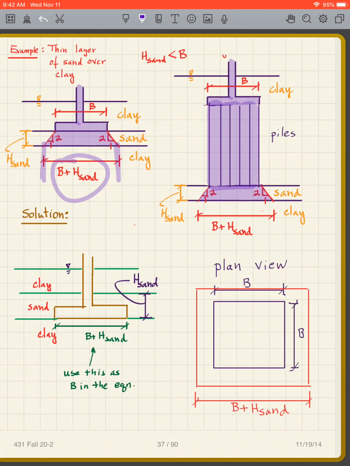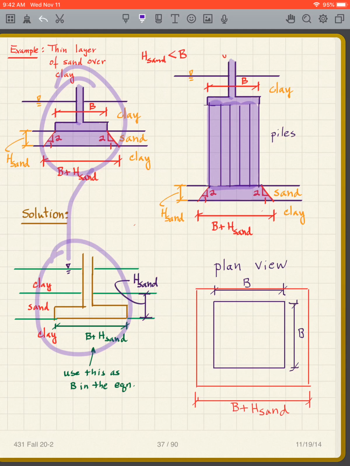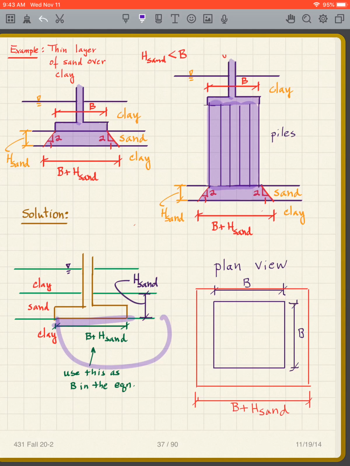So the way this is typically analyzed, a little bit conservative, is that we take this, and instead of analyzing this, we analyze this. So in other words, if you look at this, it is B plus the H sand, and we have a footing here that is based in the clay, because we're worried about failure in the clay.